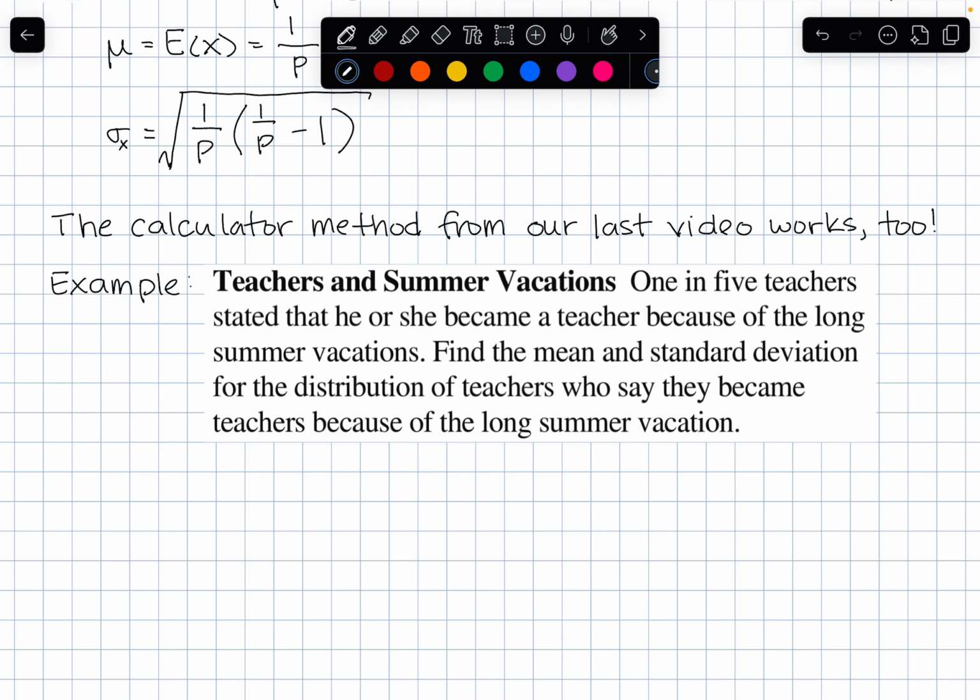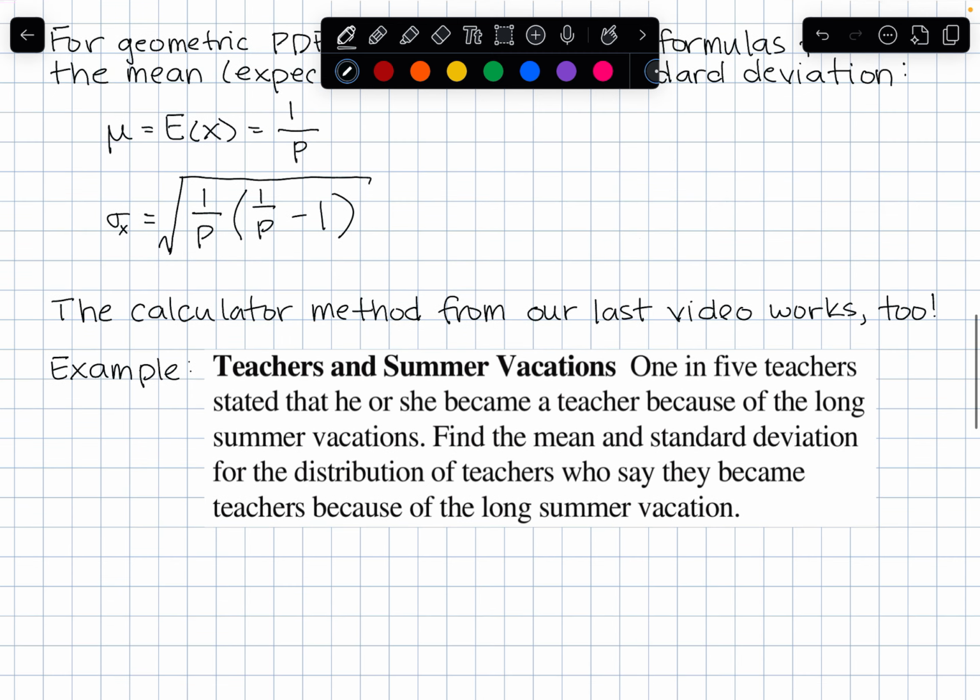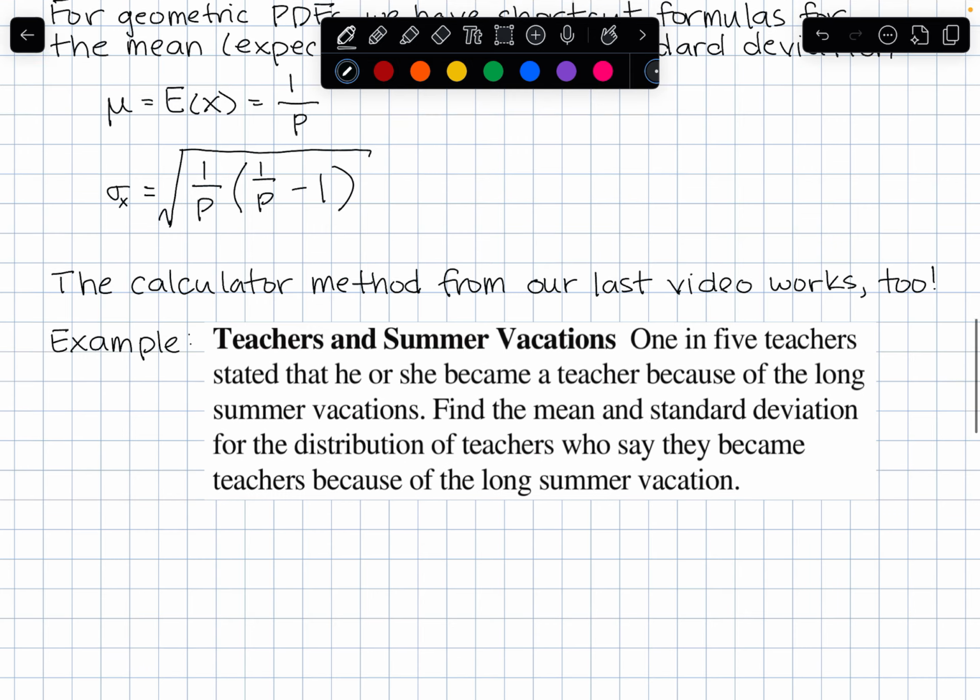I can assure you that is not a good reason to become a teacher. It says find the mean and standard deviation for the distribution of teachers who say they became teachers because of the long summer vacation. So I know for both of those calculations, I need p, because the formula for mean and the formula for standard deviation involve p.